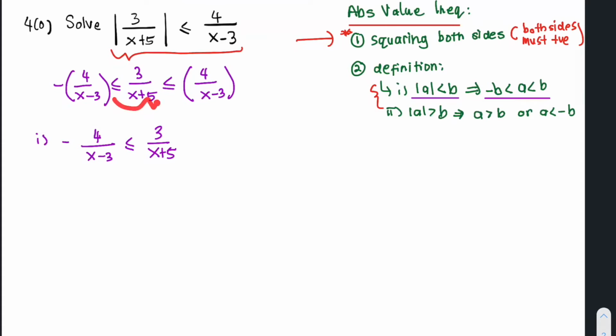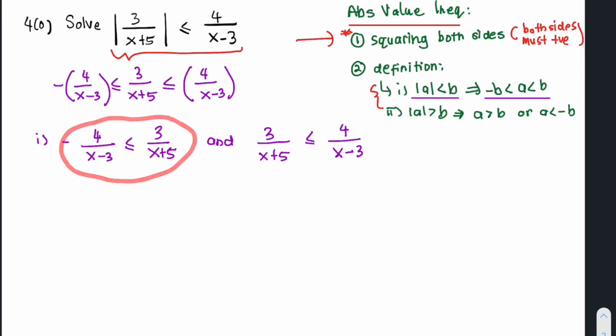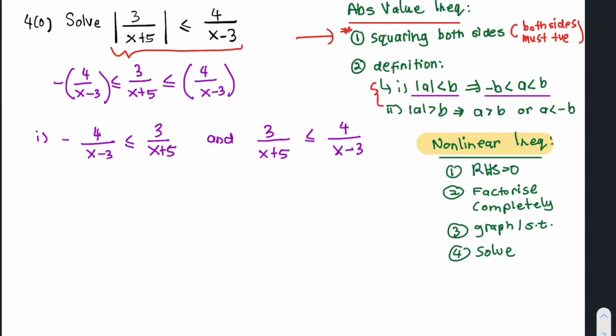Since it is in between, you have the 'and', 3 over x plus 5 less than or equal to 4 over x minus 3. From here it becomes a rational inequality. Again, a rational inequality is a non-linear inequality. For a non-linear inequality, you first must make the right-hand side 0, then factorize completely, meaning factorize numerator and denominator, and then do either a graph or a sign table. For rational, you just do a sign table, and then solve.